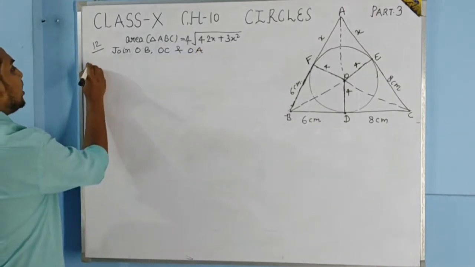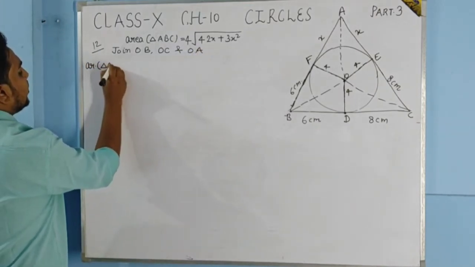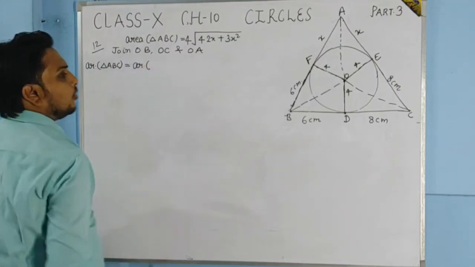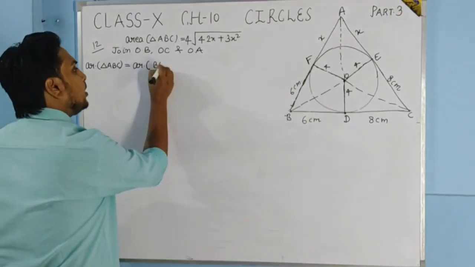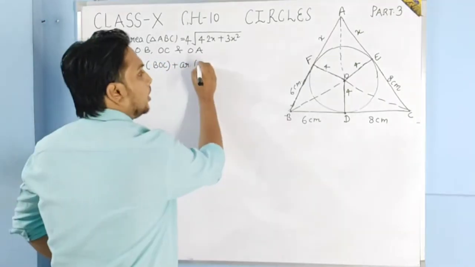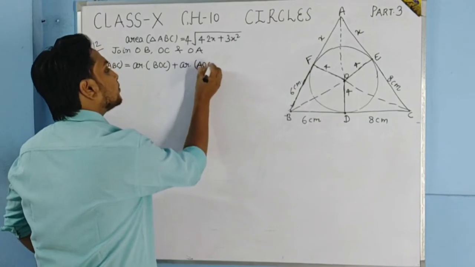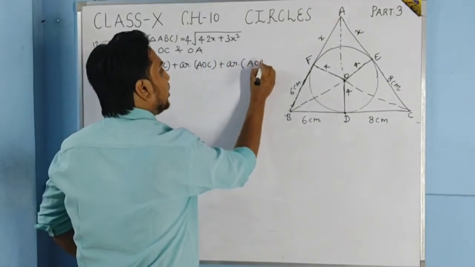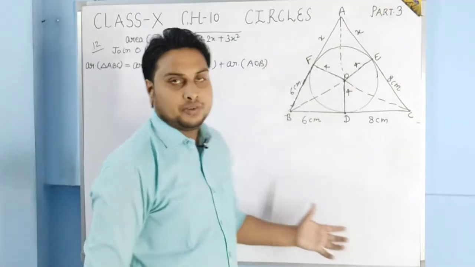After that, the area of triangle ABC will be equal to the area of triangle BOC plus the area of triangle AOC plus the area of triangle AOB.